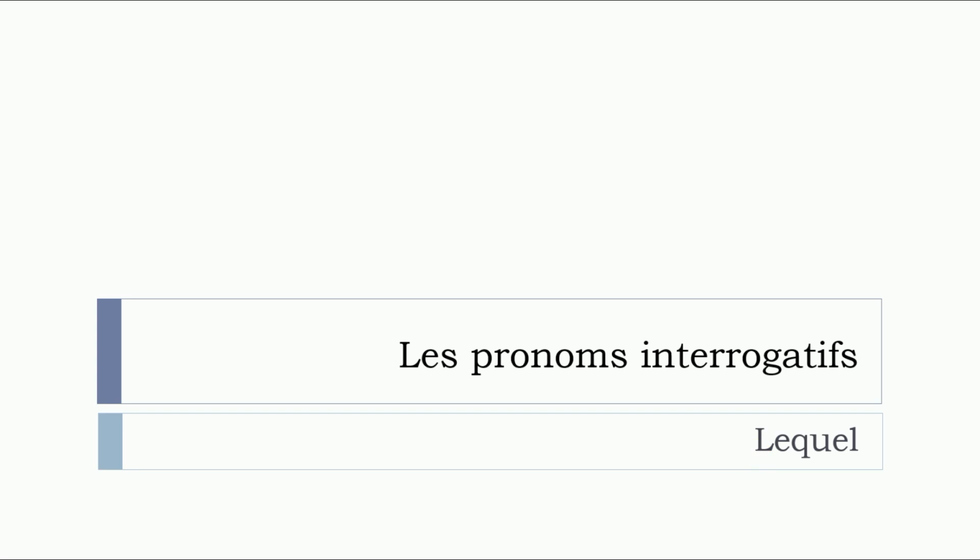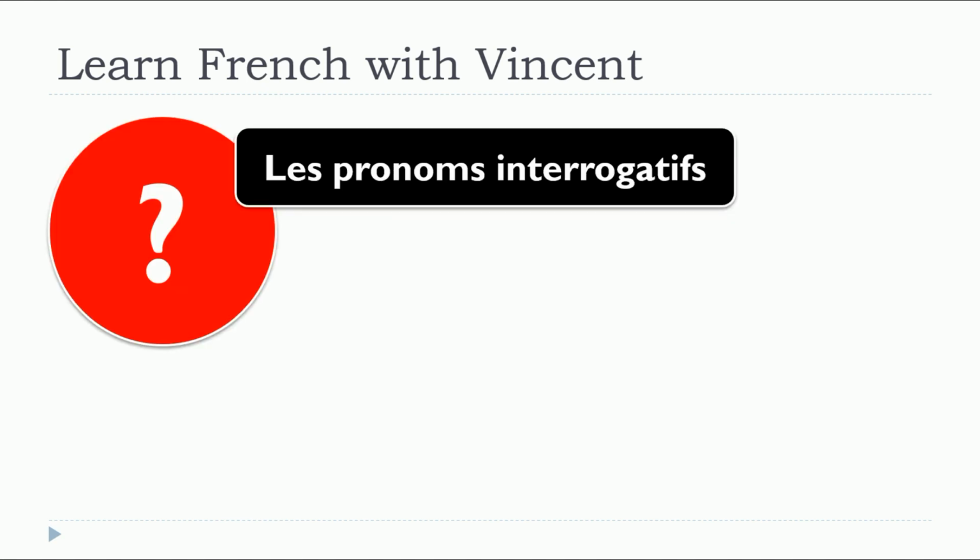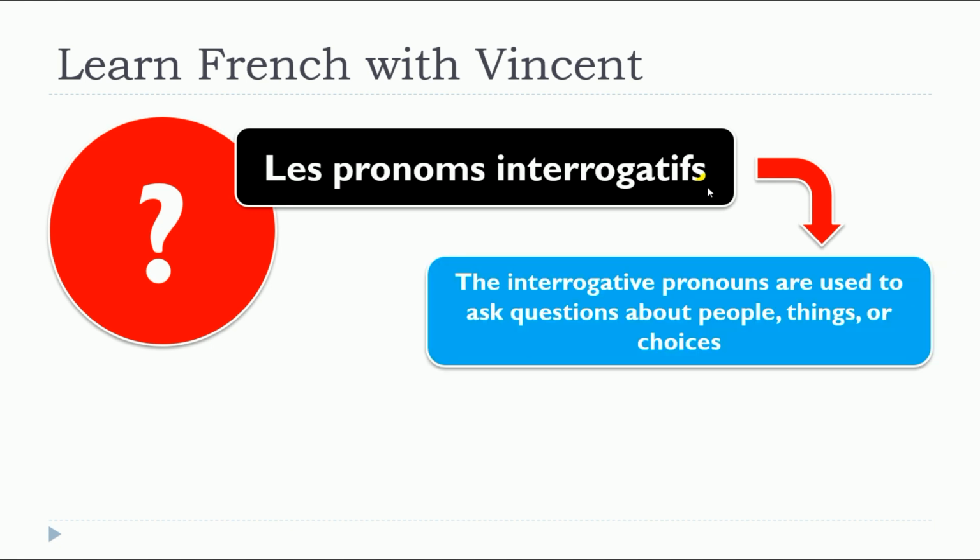In this lesson, we will see together les pronoms interrogatifs, but more precisely, we will see lequel. So, what are les pronoms interrogatifs? Well, we'll have two things to answer.